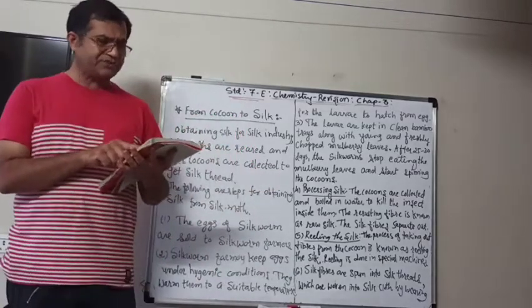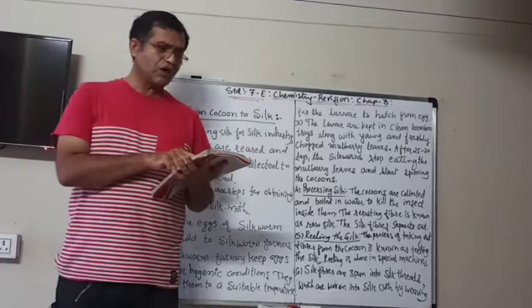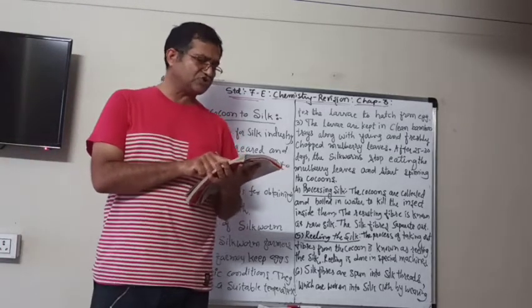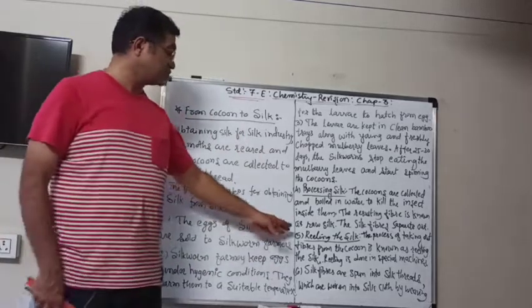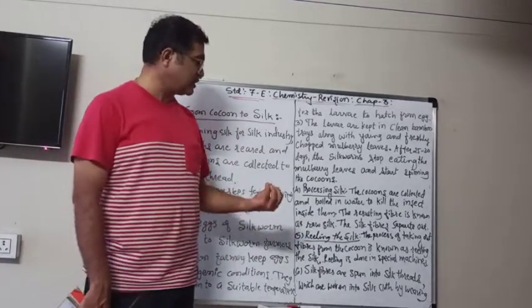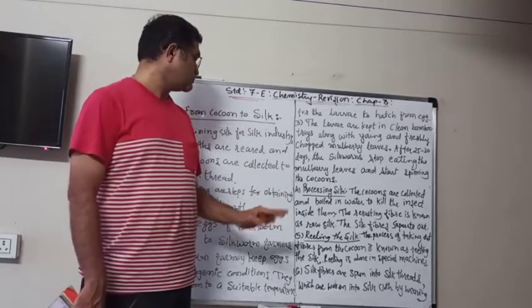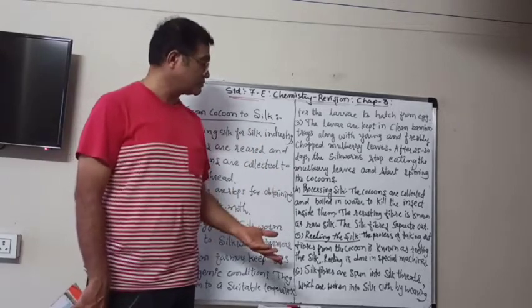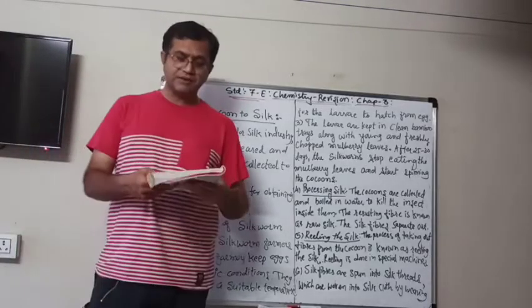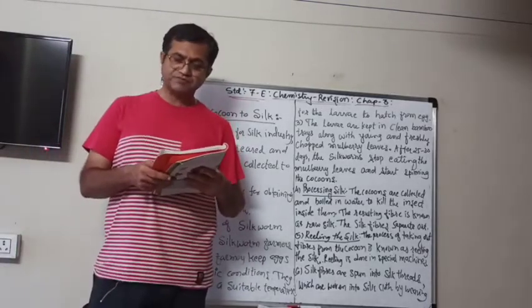The process of taking out threads from the cocoon for use as silk is called reeling the silk. So our next step is reeling. It means the process of taking out fibers from the cocoon is known as reeling, and this reeling is done in machines.